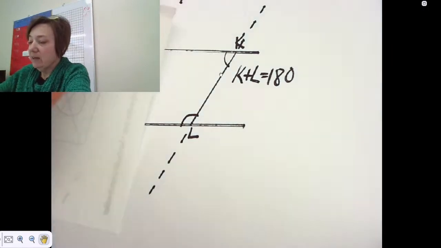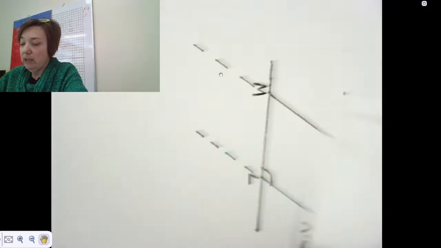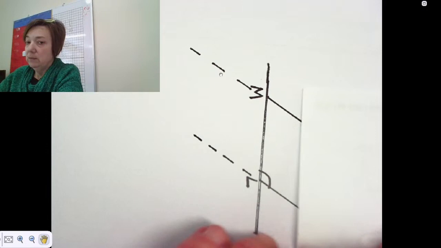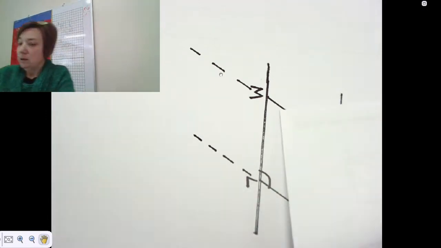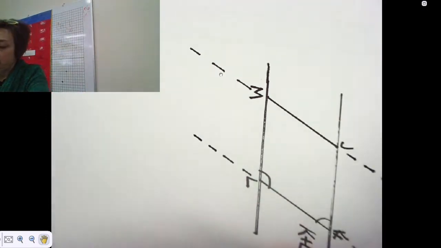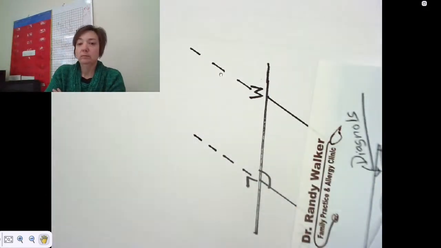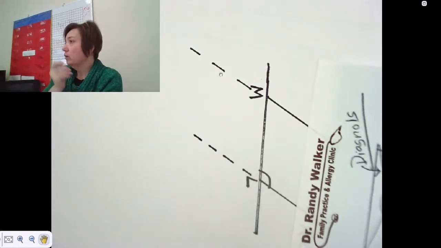What if I take this and I turn my paper and we are looking at these two angles now? What do we know about these two? We know we got two parallel lines there. We know that they're crossed by a transversal.